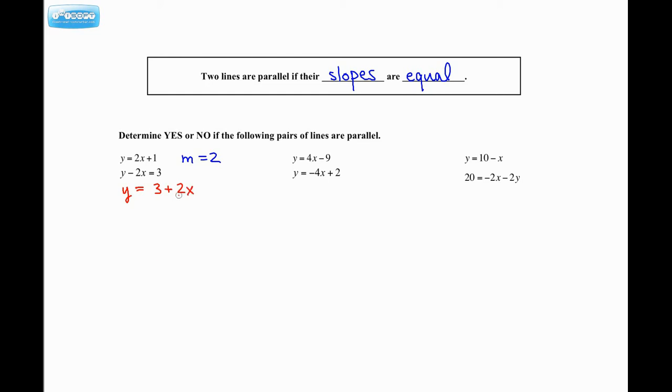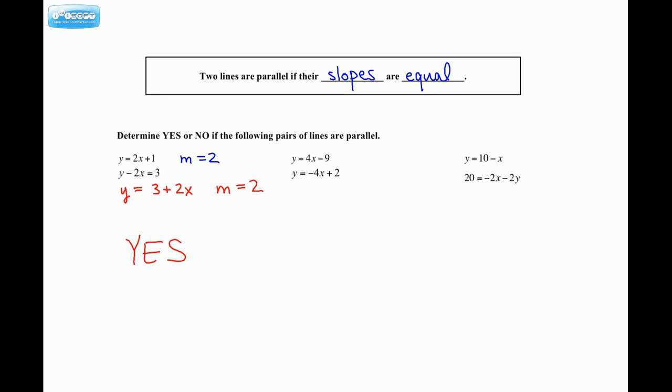So now we can see, the slope is in fact 2. They have different y-intercepts, so they don't touch, they don't cross, and they are parallel. So this would be yes. We will talk about situations later on when the lines are parallel, but they actually have the same y-intercept. We'll see that later.